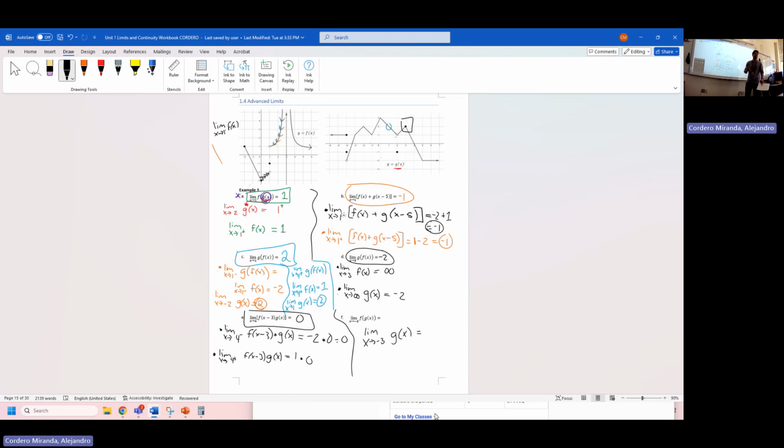Oh, -3, -3. Okay, I was going to say, because I remember this not existing. Sorry. You take the limit at -3 for G, and you get 1. That one, no worries so far. That one existed. And now you take the limit of F at that result.